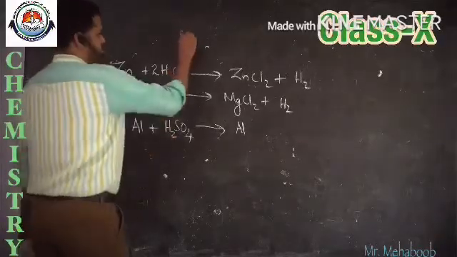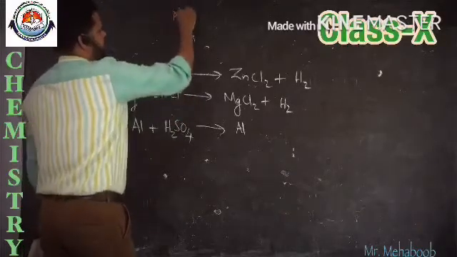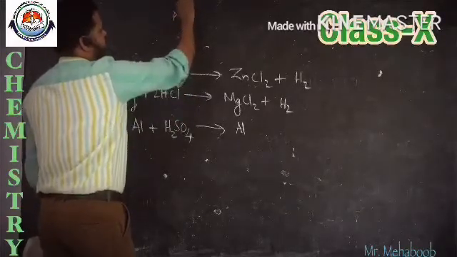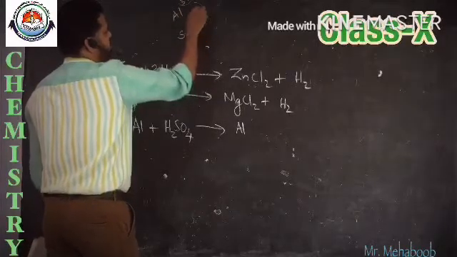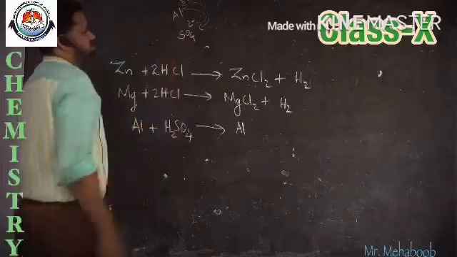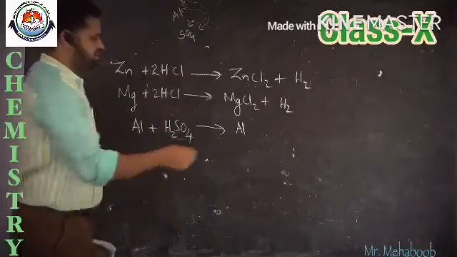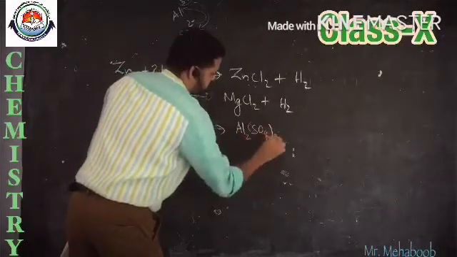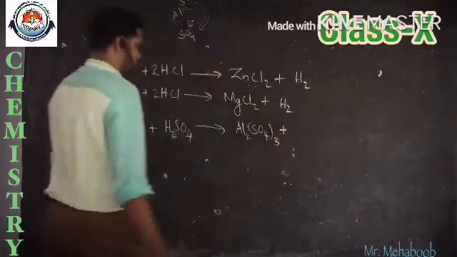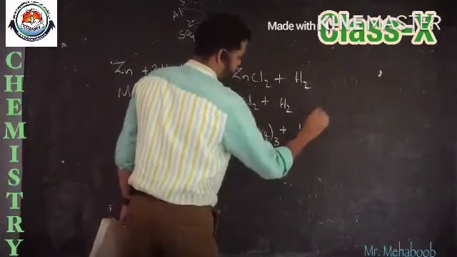Sulfate is 2 minus and aluminum is 3 plus. So the valency of aluminum is given to sulfate, and the valency of sulfate is given to aluminum. So Al2 and sulfate 3: Al2(SO4)3 plus hydrogen gas, H2.